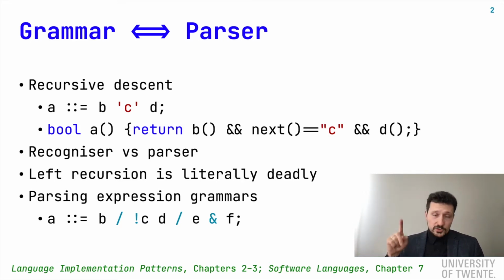And then you can also use the exclamation mark as not, so you can check the lookahead, whether the next token or the next couple of tokens satisfy C. If they do, then the exclamation fails, right? And if they don't, then you go further. And then, of course, you can have the AND, which means that you parse with E and F either at the same time or at least from the same point. And sometimes it's useful to have two representations of the same piece of data.